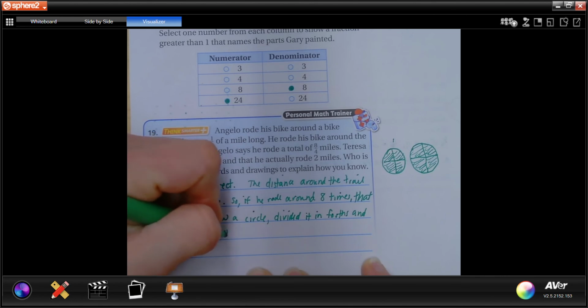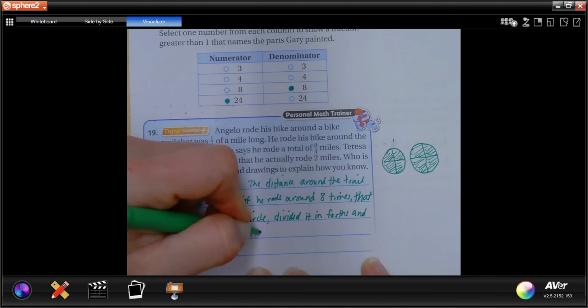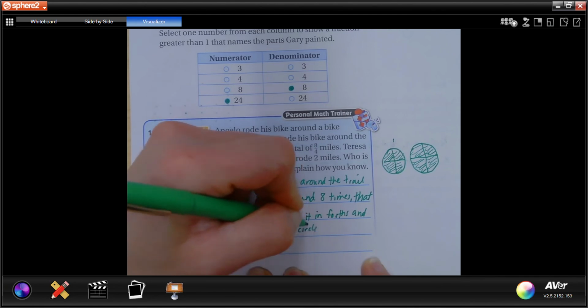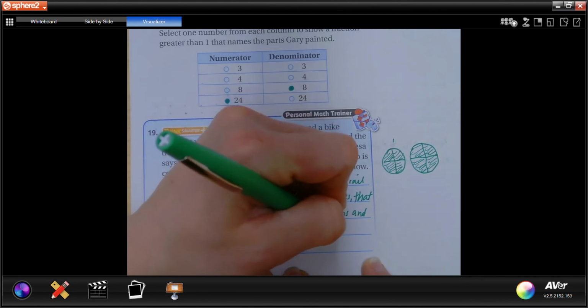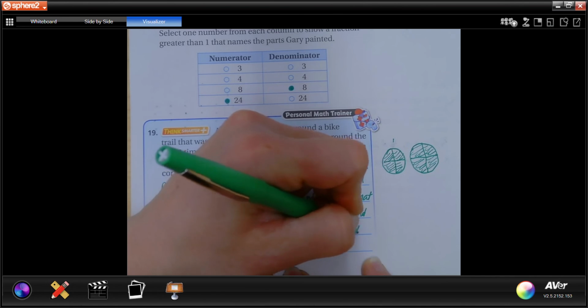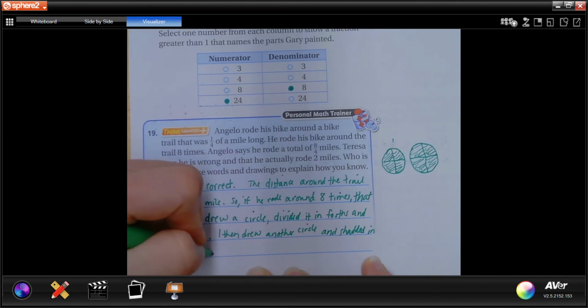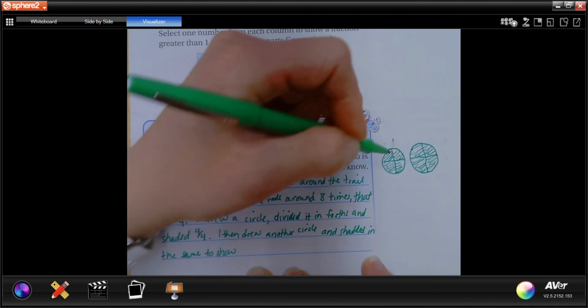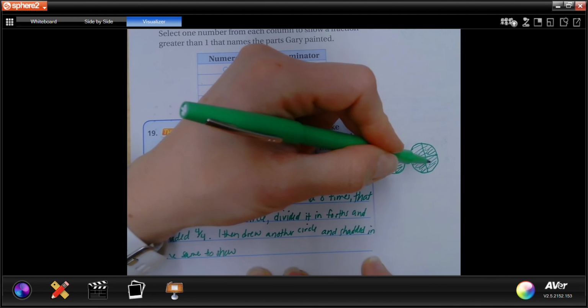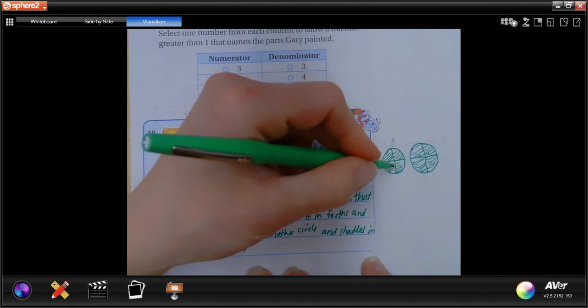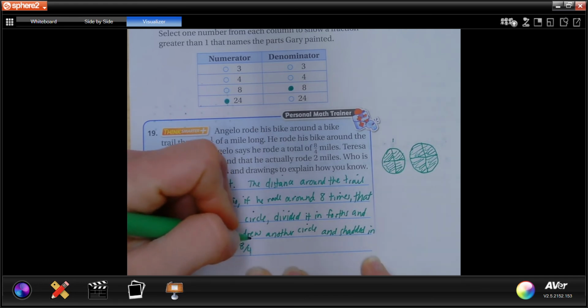I then drew another circle and shaded the same to show 1, 2, 3, 4, 5, 6, 7, 8 out of how many's in a whole? 1, 2, 3, 4 to show 8/4.